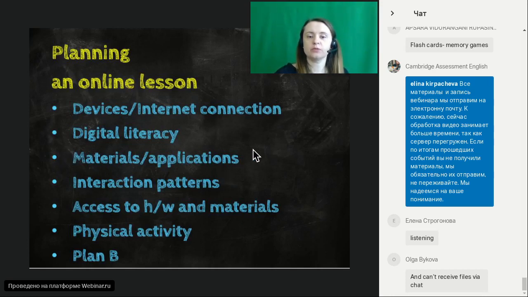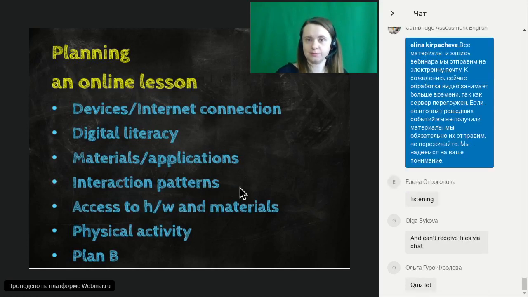We need to think about materials and applications that we are using during our lesson, about interaction patterns, and I can't emphasize that more, because interaction patterns is one of the most important things for online teaching. I'll explain why later. We need to think about access to homework and materials.